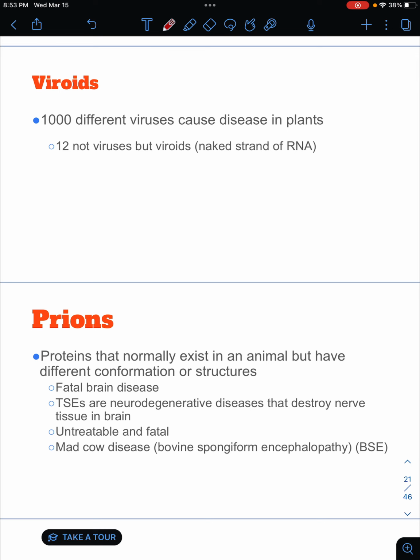Last slide is prions. These are proteins that normally exist in an animal, but have different conformations or structures. If they change shape, so if a protein is supposed to be shaped like, I'm just going to make it up, a circle, you're good to go.